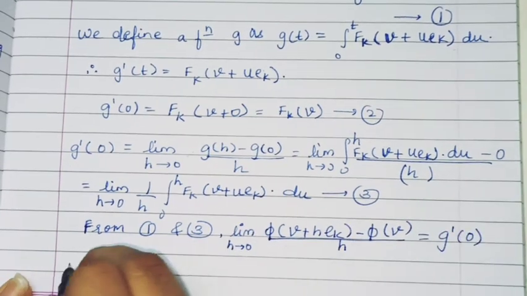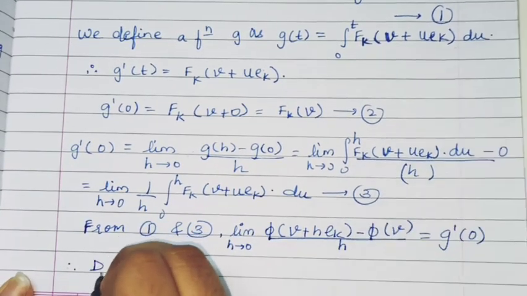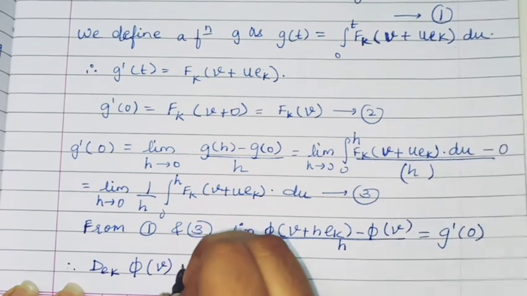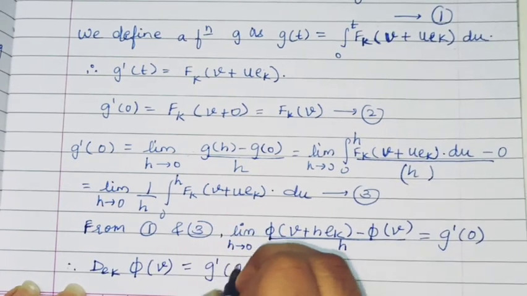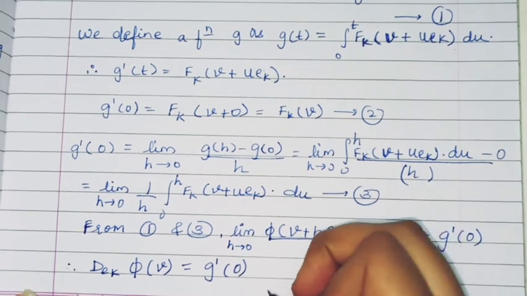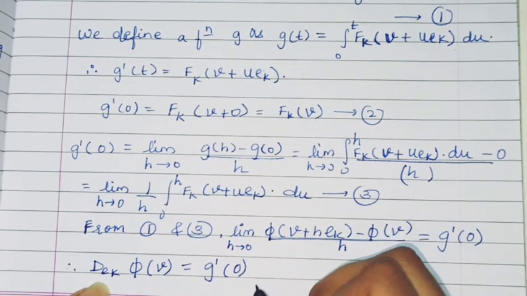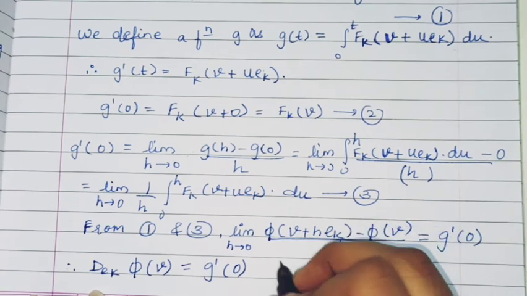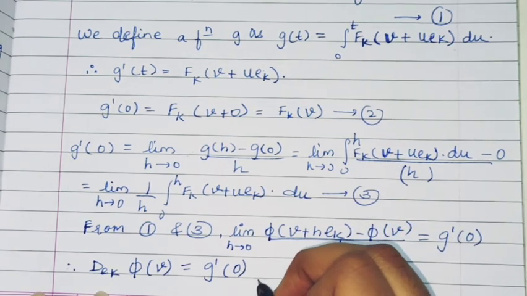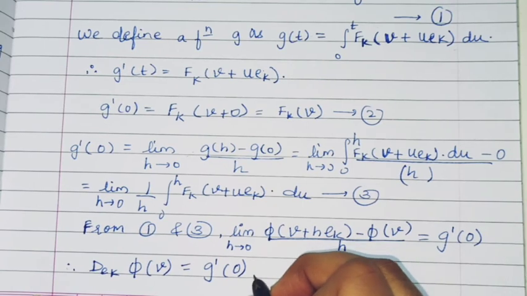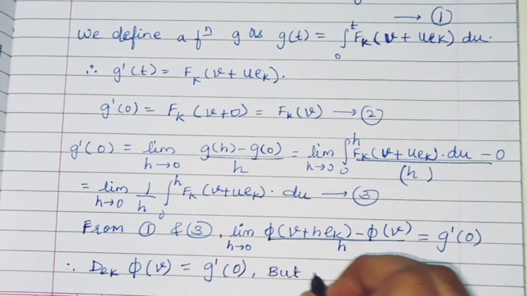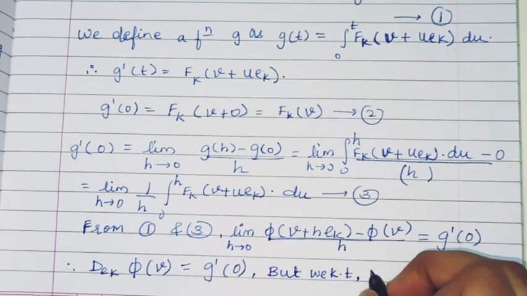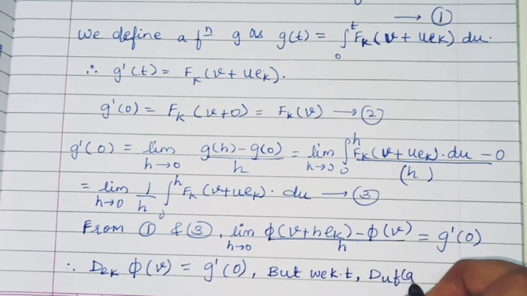Now we can write this in a different form. We can rewrite it as d ek phi of v is equal to g dash of 0. Now d ek is a representation for the directional derivative, and the left hand side is a directional derivative in the direction of the unit vector ek.